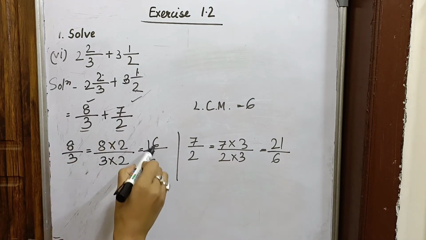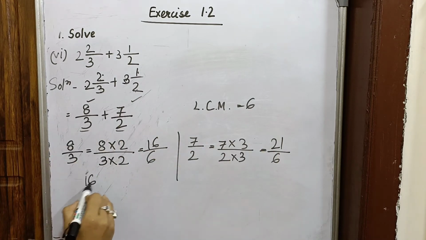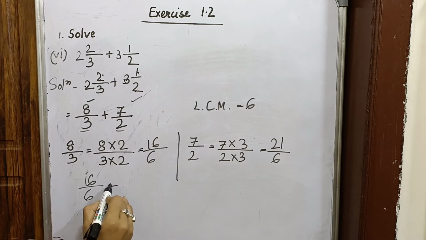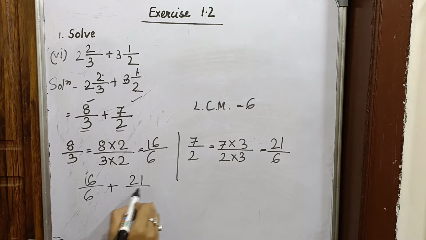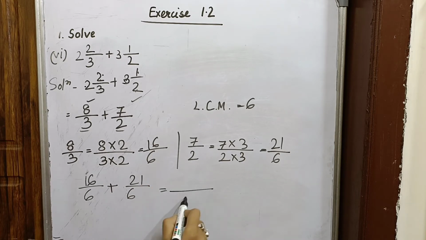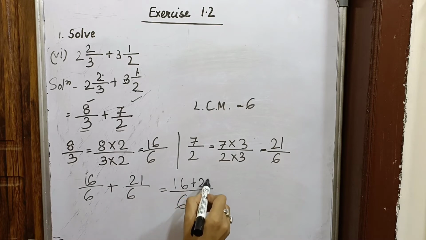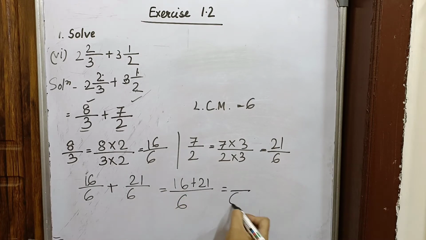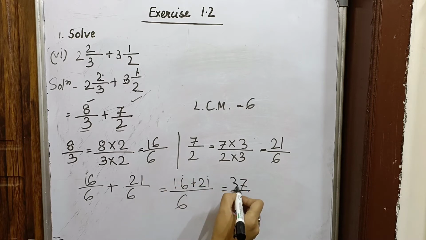Now this is a sum, so we'll add these two. 16 by 6 plus 21 by 6 equals, the denominator will remain the same, 16 plus 21 is 37 by 6. You can keep it as it is or convert it into a mixed fraction.